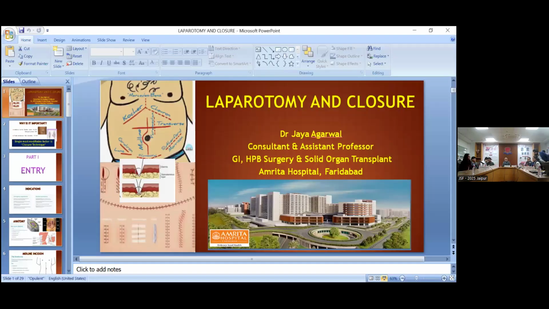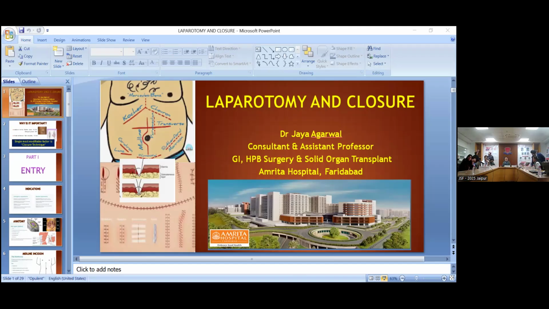Elective surgeries have an incidence as high as about 15 to 20%, whereas emergency surgeries have an even higher incidence of incisional hernias, ranging to as much as 45 to 50%. Besides incisional hernias, fascial dehiscence, which leads to high morbidity as well as mortality rates of as high as 15%, is reported in literature.